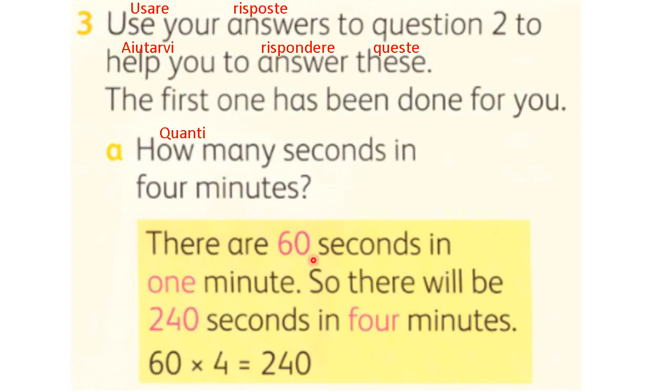There are 60 seconds in 1 minute, so there will be 240 seconds in 4 minutes. 60 times 4 equals 240. Answer B, C, D, and E in the same way.